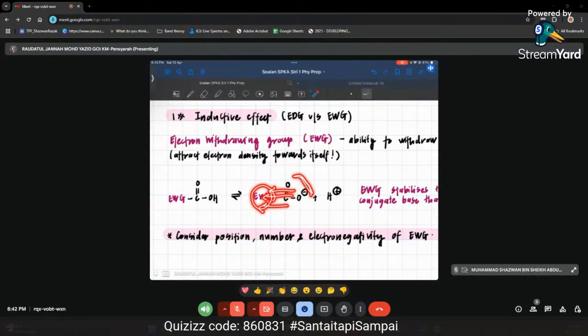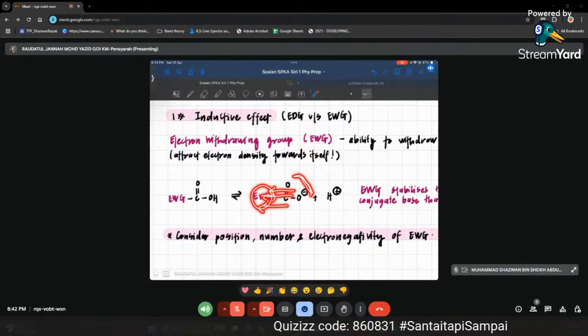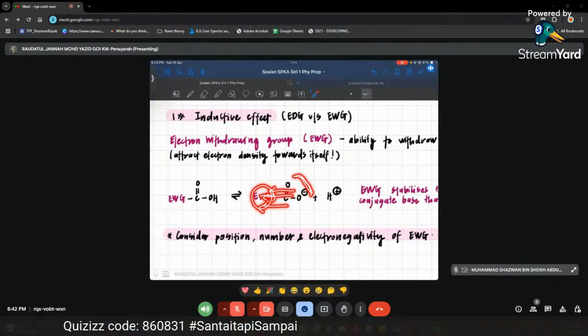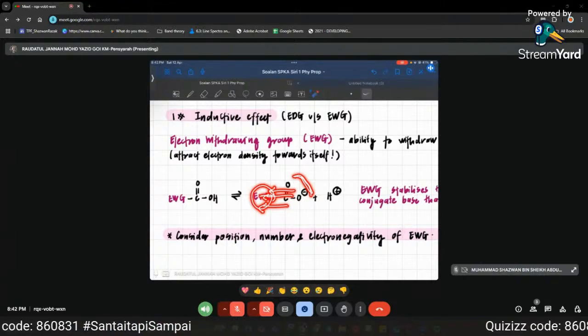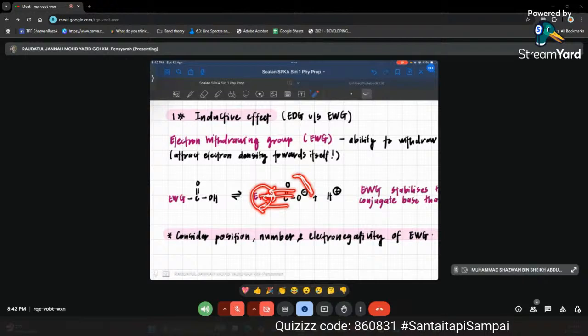Okay, your electron density starts to spread out towards the electron withdrawing group. So in other words, we are reducing the electron density around the carboxylate ion. That's why it becomes less reactive. If it is less reactive, it has less opportunity to attack its proton. That's why the structure is stable.